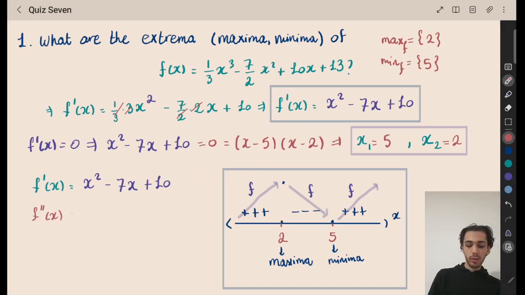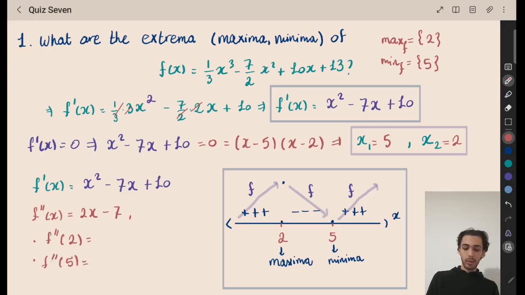So I would differentiate this function. I'll get 2x minus 7. And now if I look at f double prime of 2, I will get something. And if I look at f double prime of 5, I'll get something.